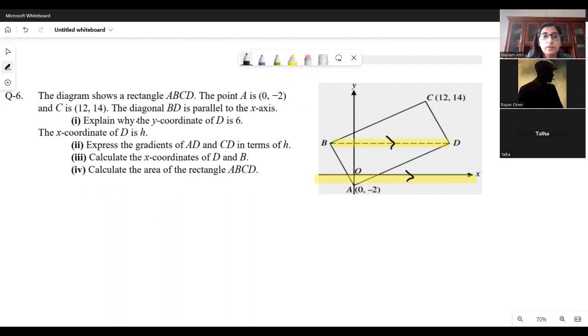Explain why the y coordinate of D is 6. You have to prove or show that it's 6.